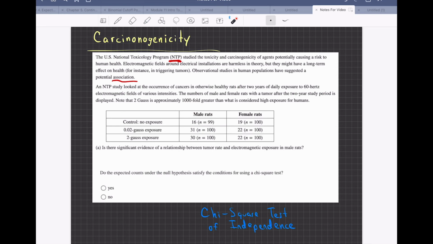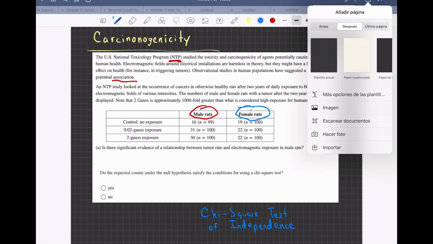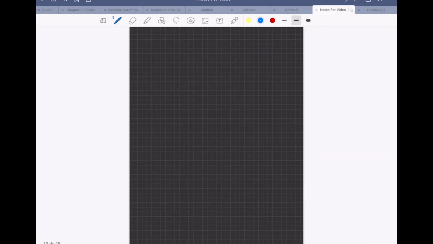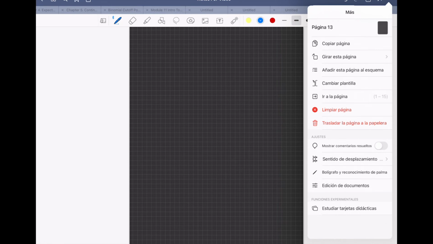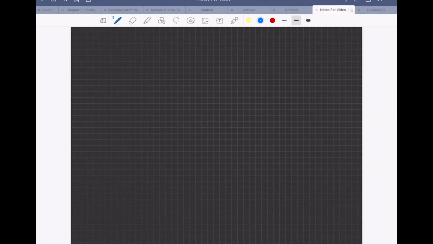All right, here you will have to create the table. So how? You will have to create one table for male and another one for female. So let me create it here. I'm going to create the one for male, and you will have to do the one for female. So male.